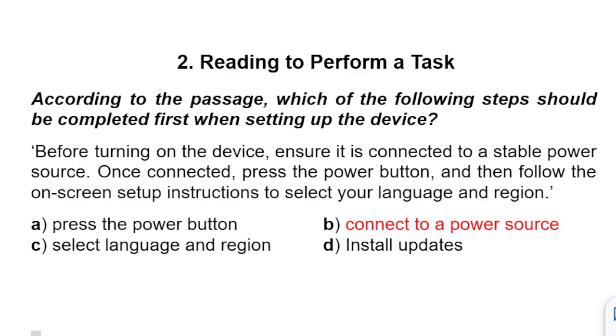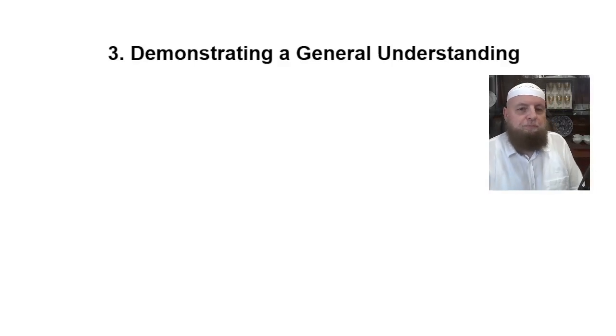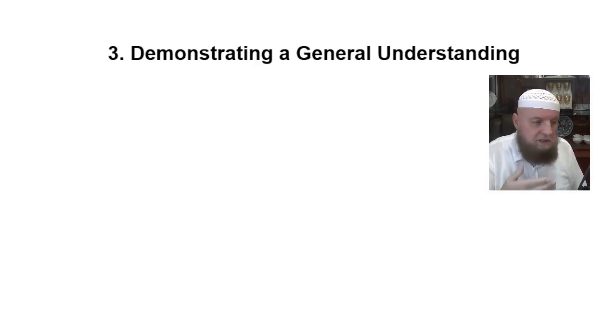Number 2, reading to perform a task. The third type of question or skill you need to develop for the reading comprehension, demonstrating a general understanding. This means that you read the text, you read the paragraph or the text, and you understand the central or the main idea, the main essence of what the author wishes to communicate.